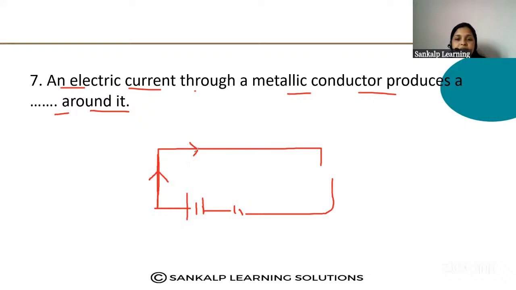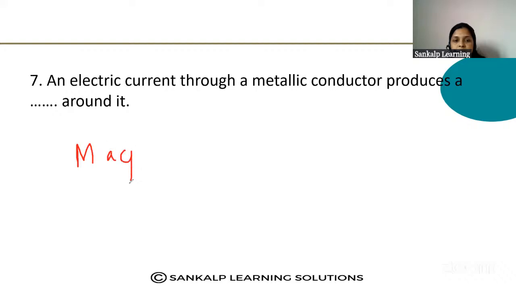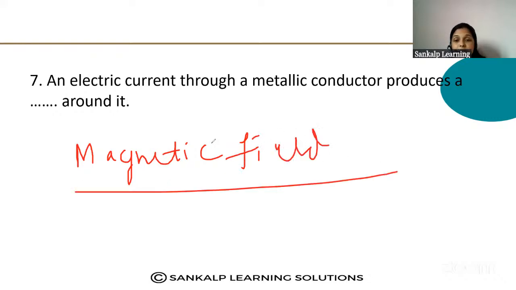When current passes through the wire, it produces a dash around it. What is produced around this metallic conductor? It produces the magnetic field. It can be asked as a 1 mark question. Magnetic field.